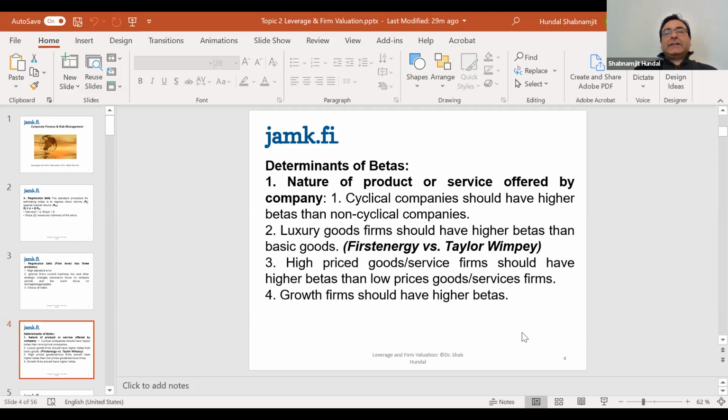I think this point we discussed last time, that to understand beta, it's good to know microeconomics. And we have a concept in microeconomics called elasticity of demand, which says how your consumption changes in response to the change in your income, for example.